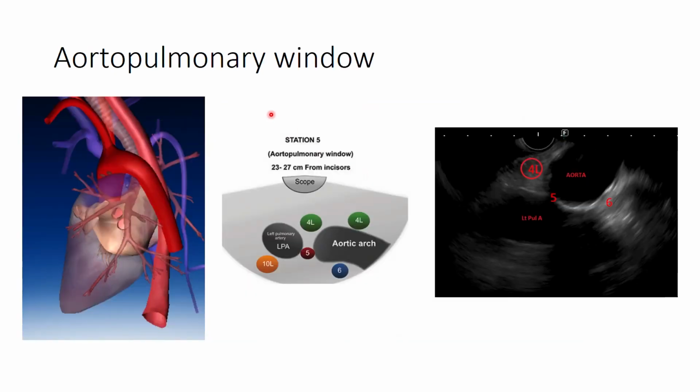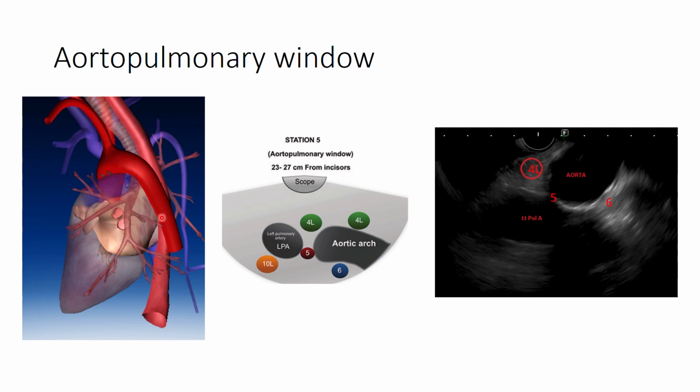So coming to the third station, that is the aortopulmonary window. These two are the aortopulmonary nodes. So how can we approach this? There are two methods where we can approach this aortopulmonary window.